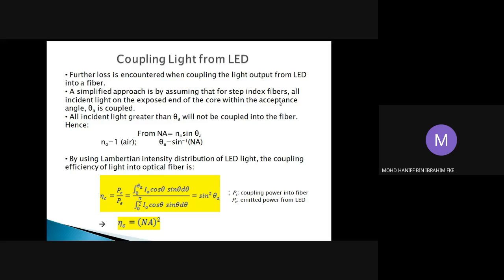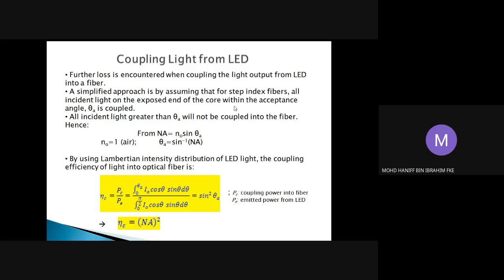I put it in a very simple approach in which we have the fiber optics. We have learned in chapter 2 that every fiber is characterized by its own acceptance angle, theta A. So it means that if the angle of incidence from outside, from the air, is smaller than theta A, light will be coupled inside the fiber optics.